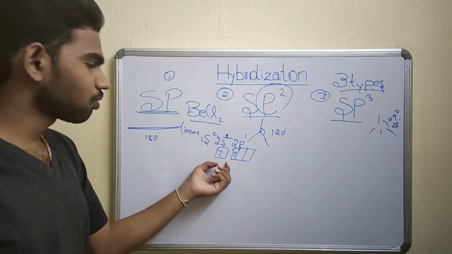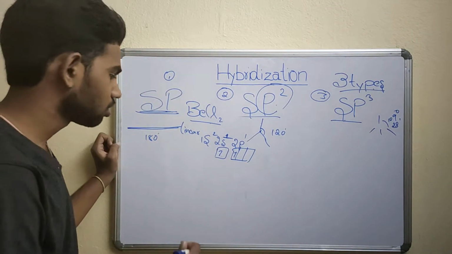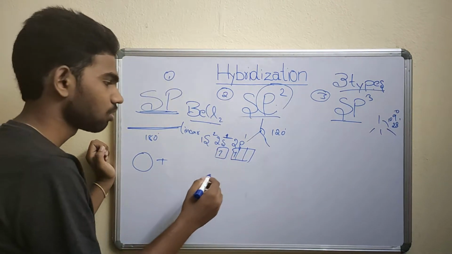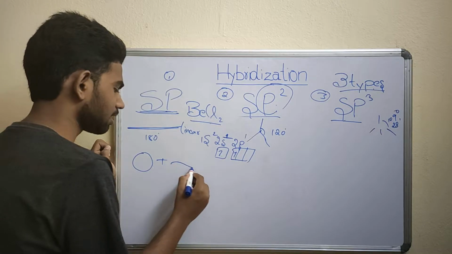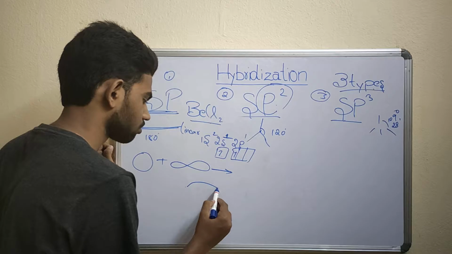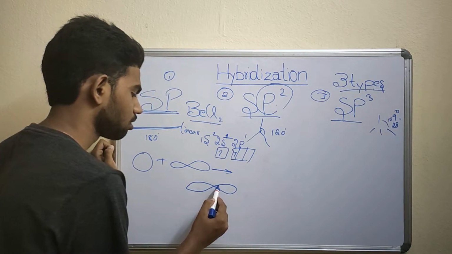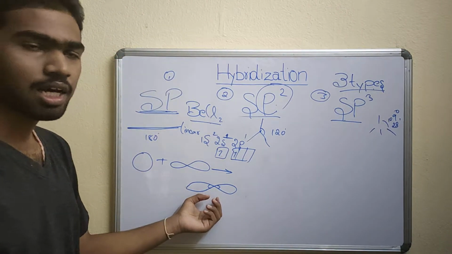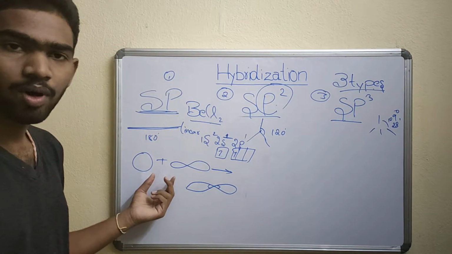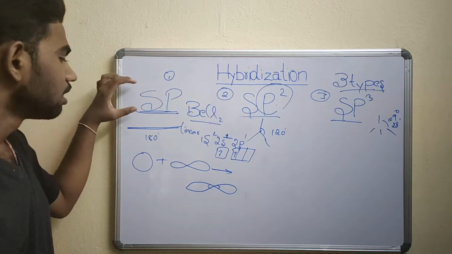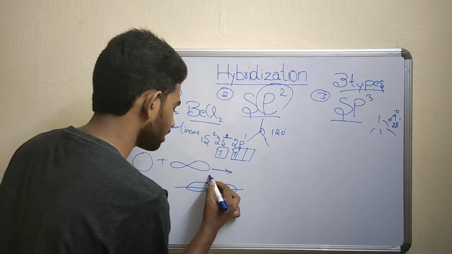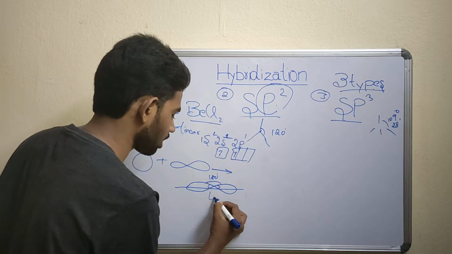These two, the s orbital 2s1 plus the p orbital 2px1, intermix. This is the sp hybridized orbital, formed by the intermixing of one s orbital and one p orbital. The bond angle is 180 degrees and the shape is linear.